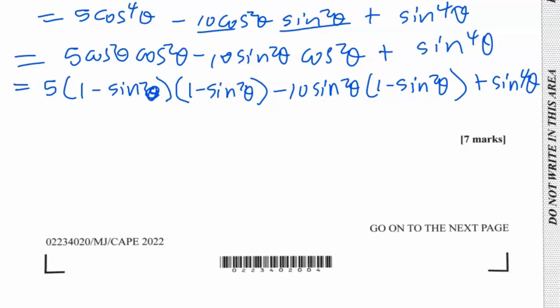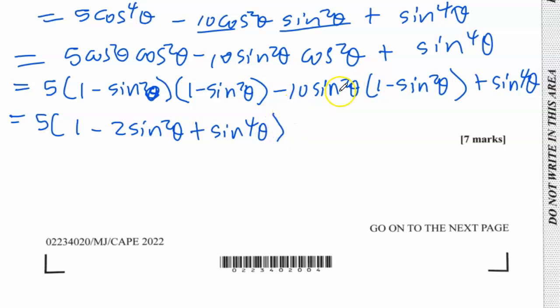Alright, so now we can expand. So we have 5, let's expand this bracket. It's 1 minus sine squared times itself. We end up with 1 minus 2 sine squared theta plus sine to the 4th power theta. Next, we have minus 10 sine squared theta times each term in the bracket.